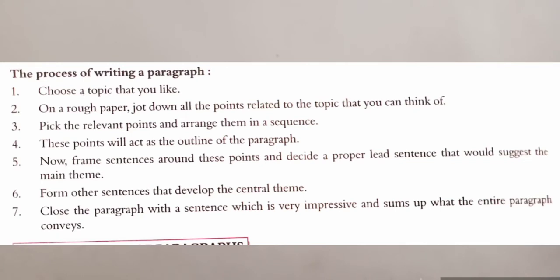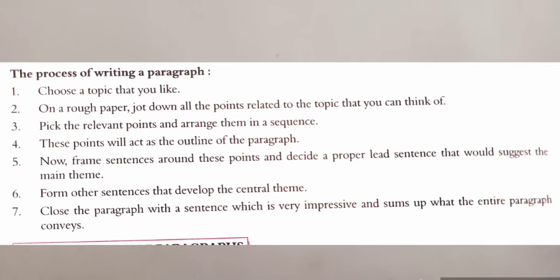On a rough paper, jot down all the points related to the topic that you can think of. 3. Pick the relevant points and arrange them in a sequence. 4. These points will act as the outline of the paragraph.